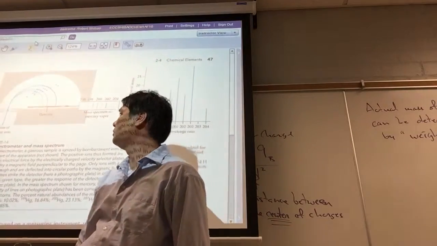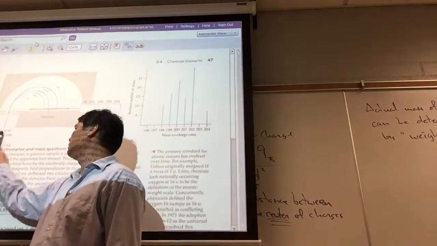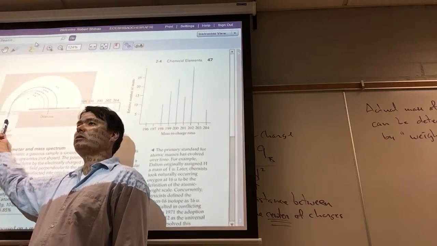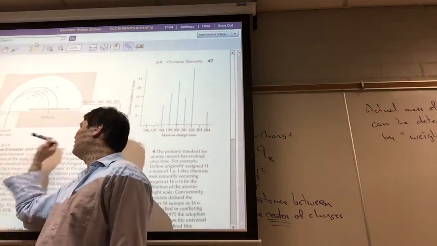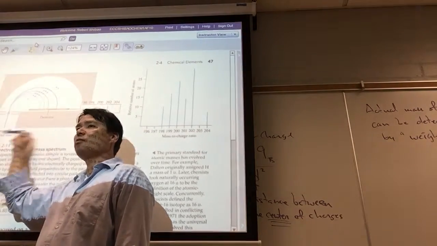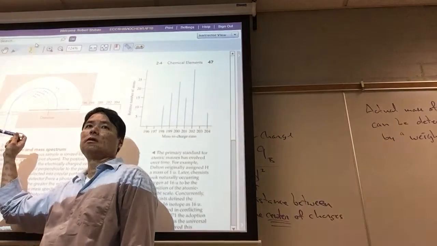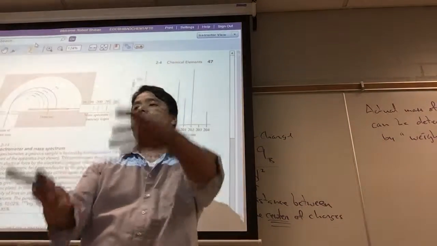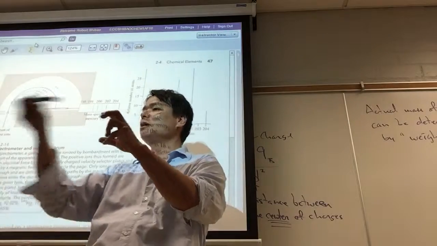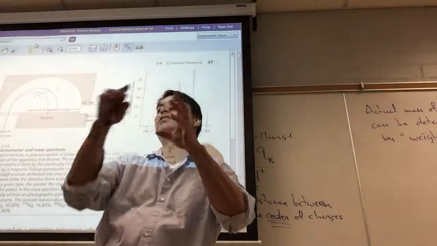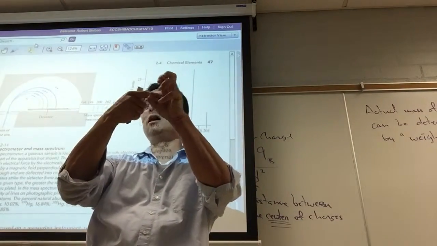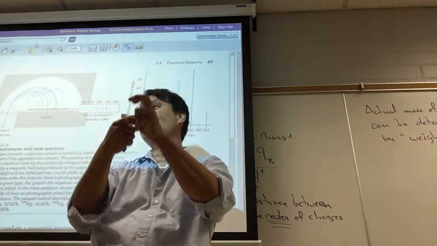And what you do with the mass spectrometer is you shoot a whole bunch of fluorine atoms this way. And then you have an electron gun or some other way to charge those. And so we shoot the fluorine atoms, they're neutral. And an electron gun hits an electron, knocks an electron off and creates ions, or an electron sticks onto the fluorine-19. How do you make an electron gun?